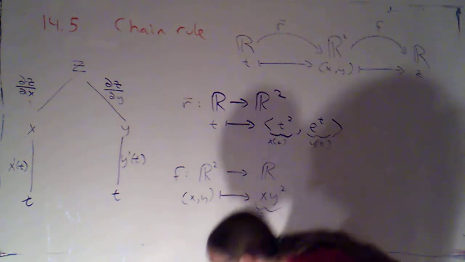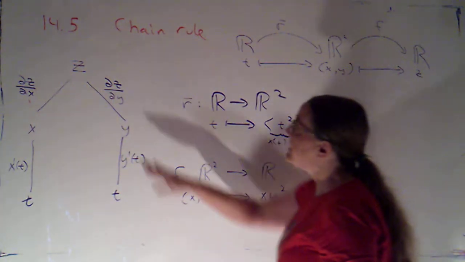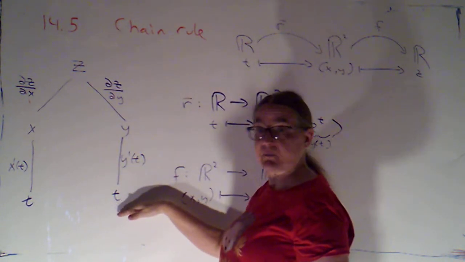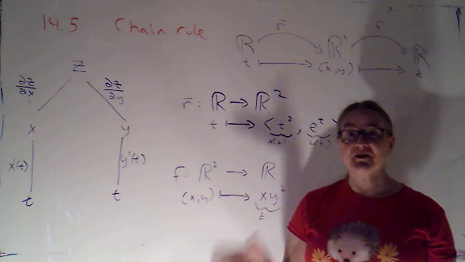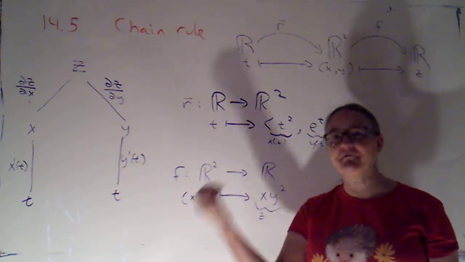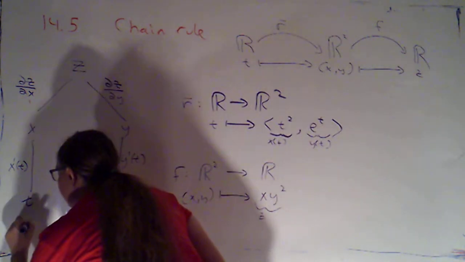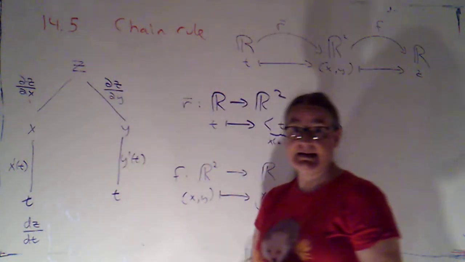Okay. Now, what I'm ultimately trying to build here is the derivative of this variable with respect to what I have on the bottom. Now on the bottom, even though I've written it twice, I only have one variable. So if it's a function of one variable, we're talking about a full derivative, not a partial derivative. So I'm trying to find dz by dt.